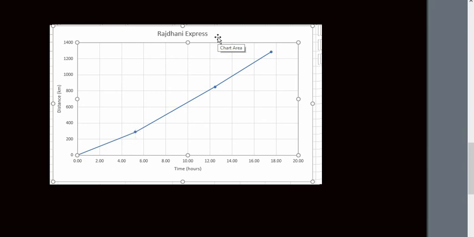Let me use something darker. It reached Patna, and at this point, what is happening?